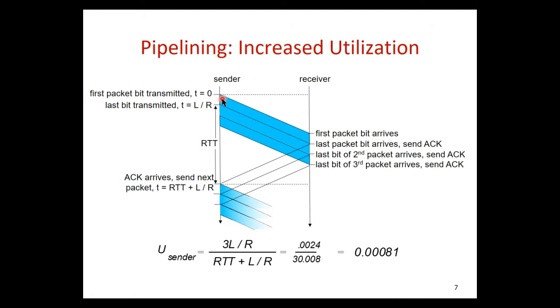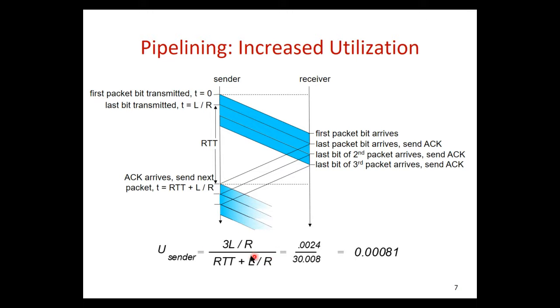And now we see that this is the time during which the channel is utilized. So it is 3 times L over R. And this is the denominator, right? So over this time interval, which is L over R plus RTT, we utilize the channel this much time.